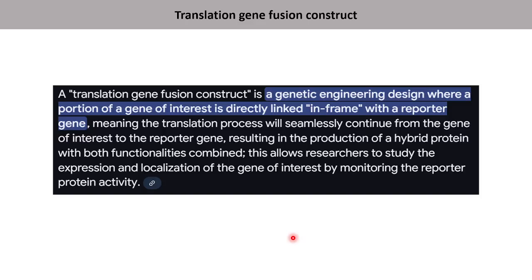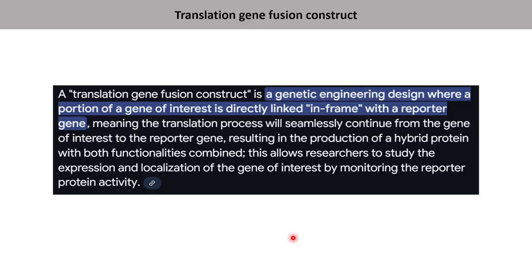Suppose there is a promoter sequence, and then we immediately add a start codon. Then we add a gene sequence of our interest, suppose the XYZ gene. Immediately, without adding any stop codon, we add the sequence of a reporter gene, for example GFP in this case.